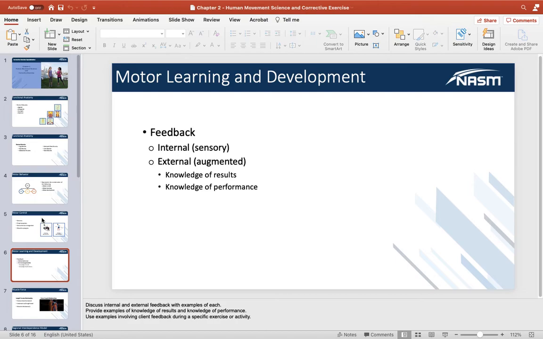You're then going to have motor learning, where now you're getting feedback from both internal and external environments, and your body knows how to adjust based on results and performance that you've seen and the feedback that you've felt, meaning the internal is sensory feedback, and then the external is the augmented, or external movement feedback. So your body starts to learn what feels good, and that's then shown through performance.